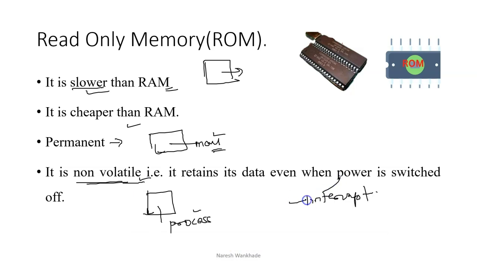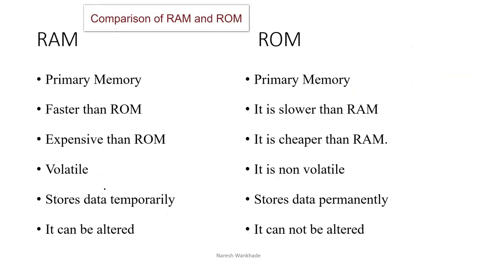Though there is a power interruption, it doesn't affect the data. Data will be there as it is. So that is the meaning of non-volatile memory. और RAM कौन सी मेमोरी होती है? RAM is volatile memory, and read-only memory is non-volatile memory.